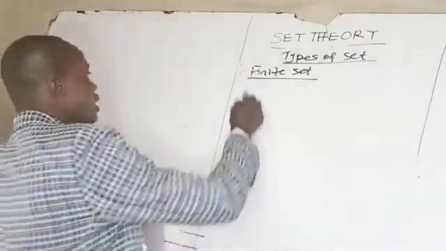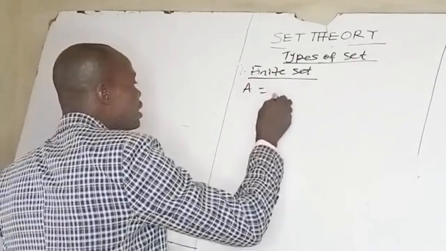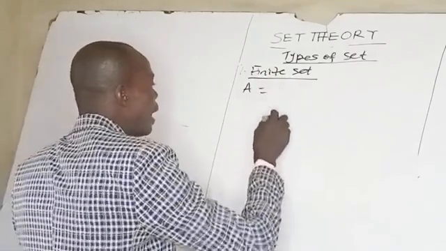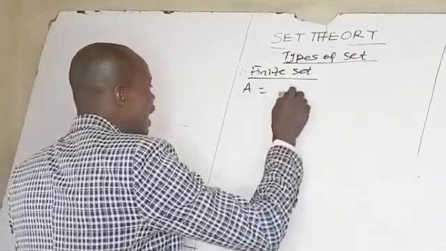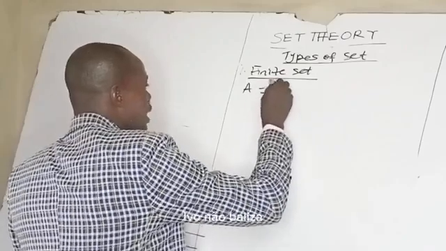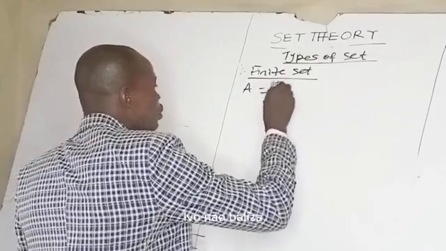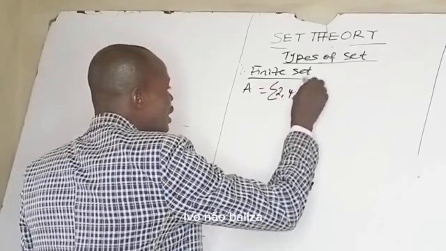For instance, if set A is a set of even numbers less than 10, you may have 2, 4, 6, 8.